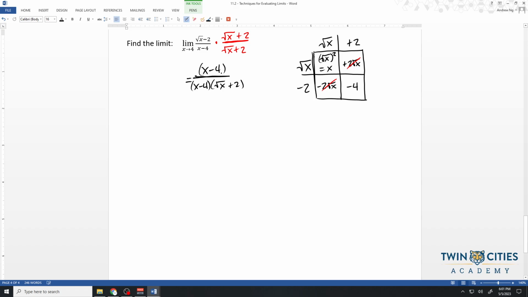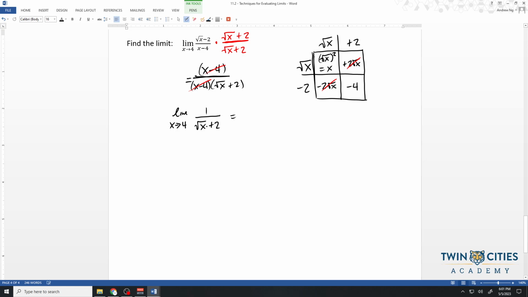And I can see that I've got an x minus 4 on the top and an x minus 4 on the bottom. So we can divide those out. And what I'm left with is the limit as x approaches 4 of 1 over the square root of x plus 2.